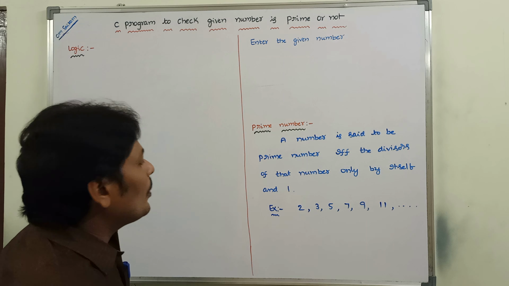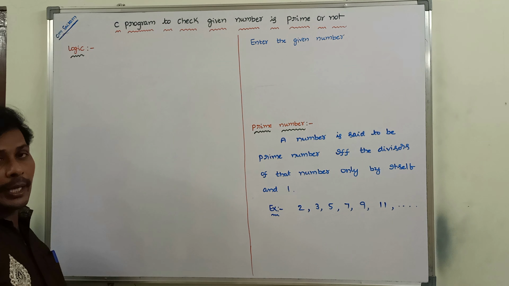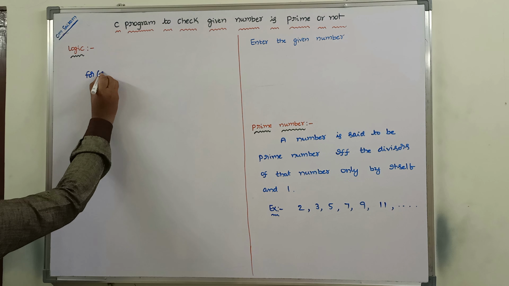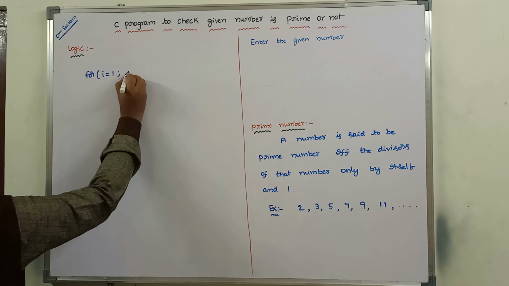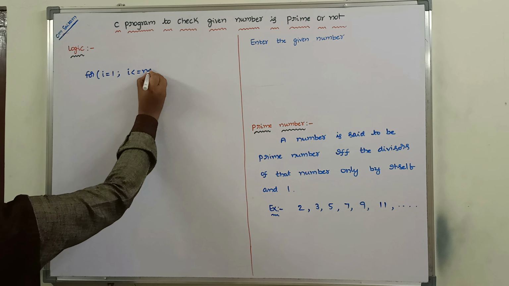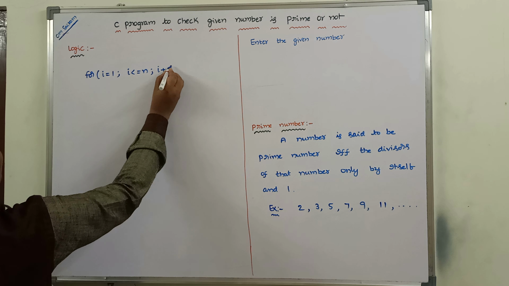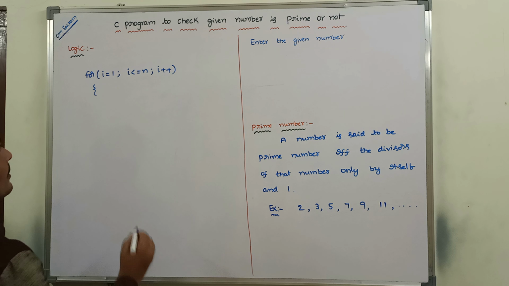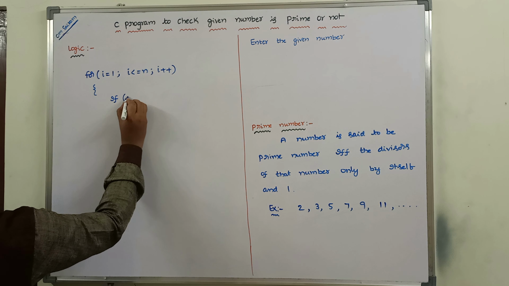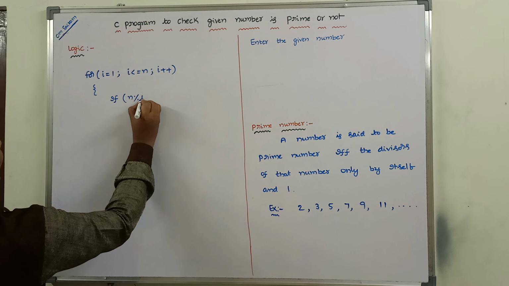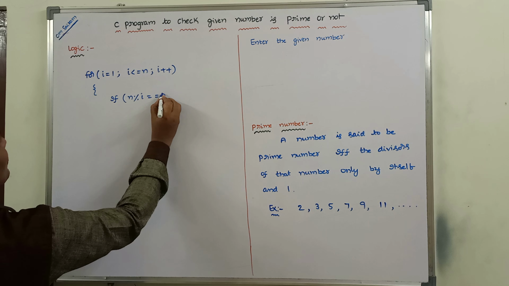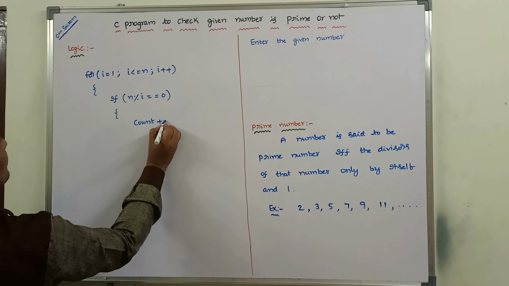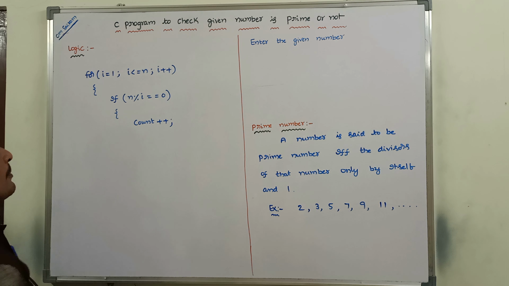Okay, now we can go for the logic of the prime number. So for i = 1, i <= n, i++. The loop variable starts with 1 and ends with n. Next, if n % i == 0, then increment the count value, that is count++, or count = count + 1.